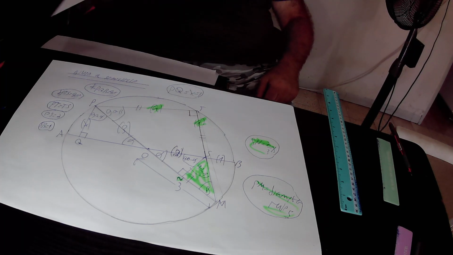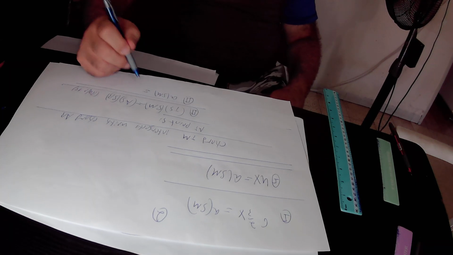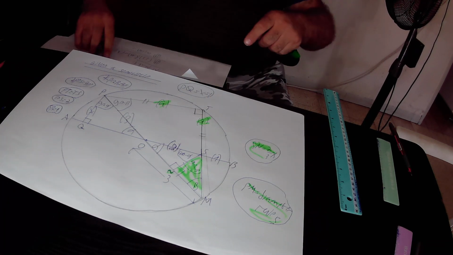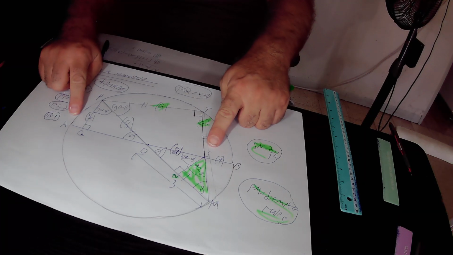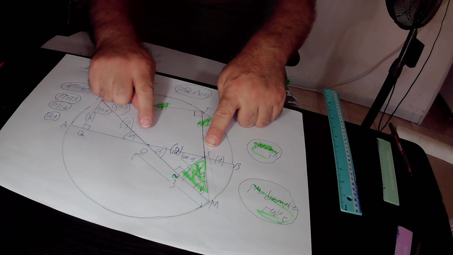So on this side of equation 2 we have A times SM, and it is equal to AS times SB. What is the length of AS? AS in total equals AO, that is the radius of this circle, which equals 3, plus OS. OS equals 2 units in its length, according to what is given in the question.